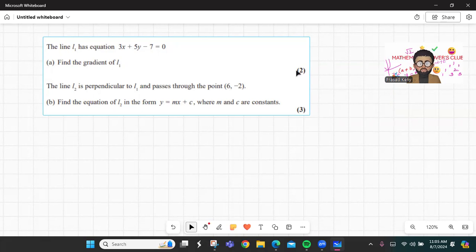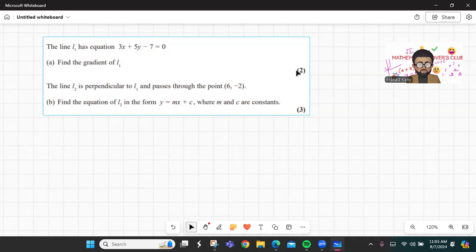You have to find the gradient of this line L1, and there is another line L2 that is perpendicular to line L1, and it passes through the point (6, -2). So you have to find the equation of L2 in the form y is equal to mx plus c, where m and c are constants.